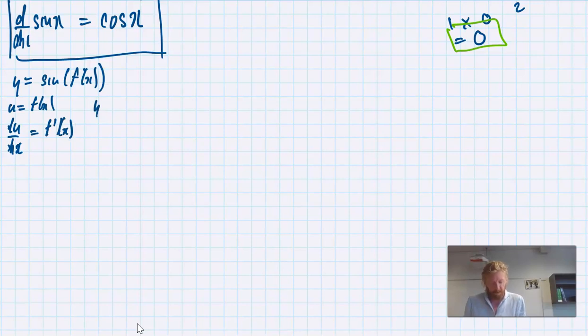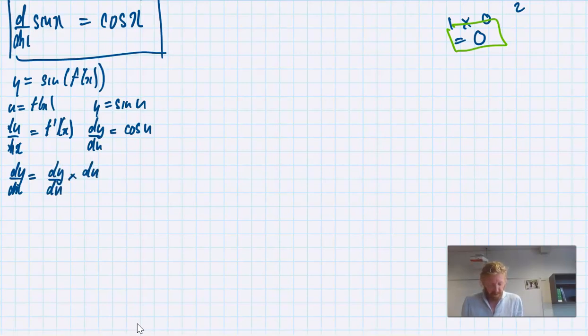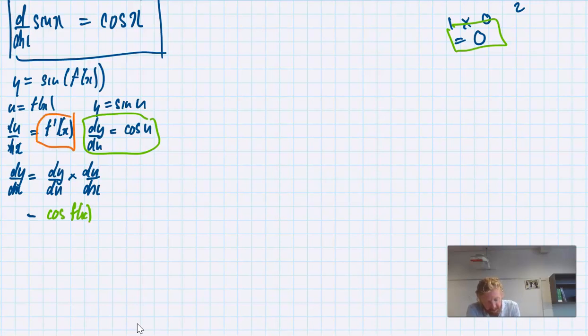I also know that y equals sine u, so dy du equals cos u. dy dx, and we've done this a million times, dy dx equals dy du times du dx, which equals cos u, I'm just going to sub that u back in, cos f of x, times du dx, which is f dash x.